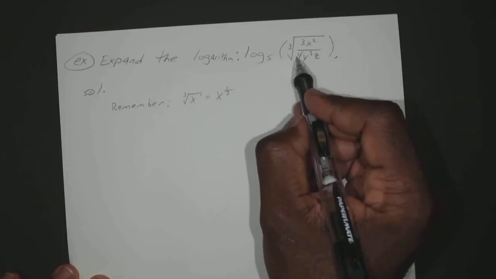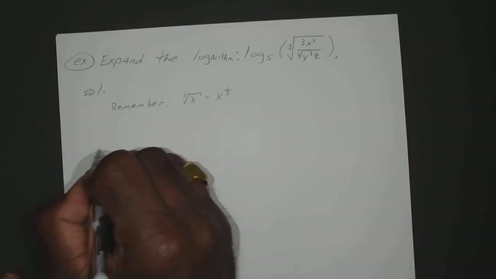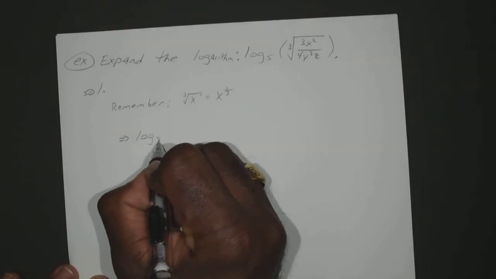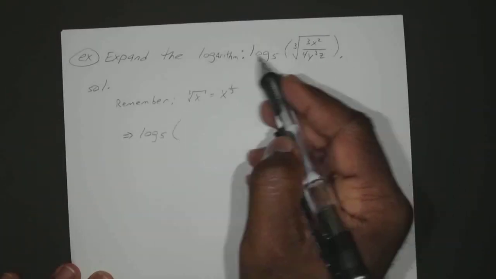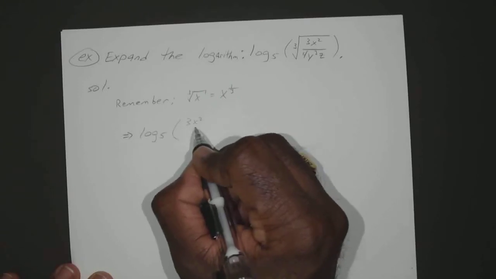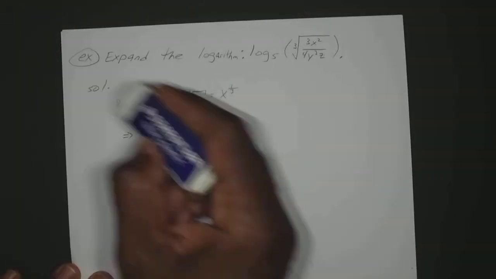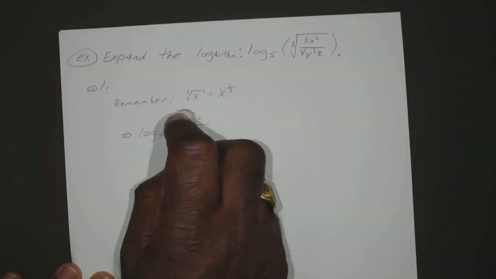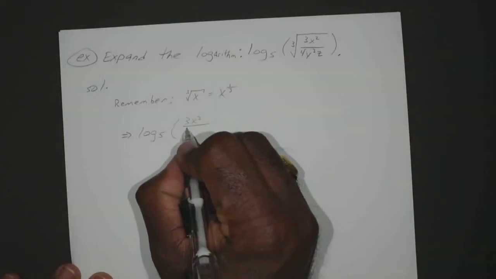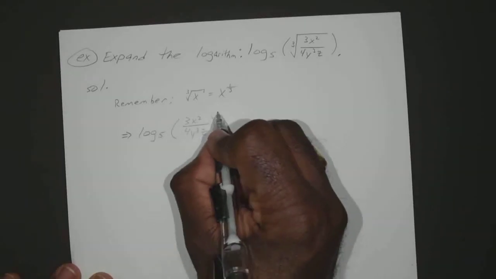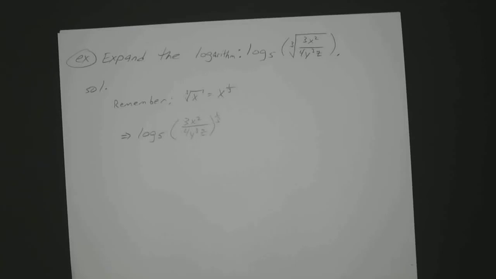Since this entire thing is under the cube root, that gives us log base 5 of 3x squared over 4y to the 3rd z, all to the 1/3 power. And using the power rule, that's just going to bring that right down to the front.